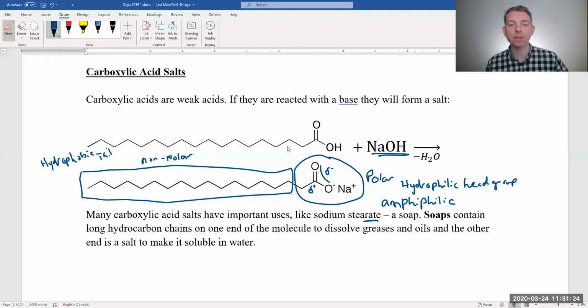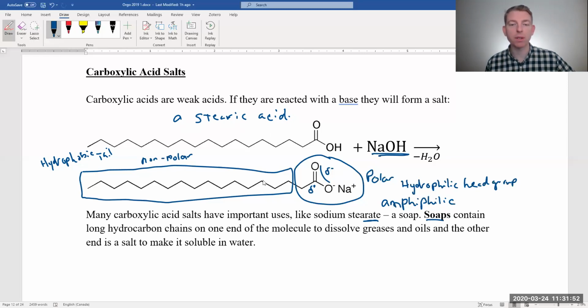We could count up the carbons and come up with the standardized name if you want to, but usually it would just be called stearic acid, S-T-E-A-R-I-C, as one of the more traditional names for it. And the function for a molecule like this is a soap.